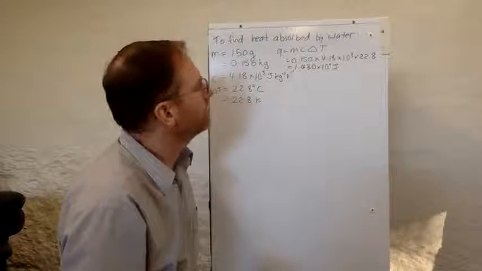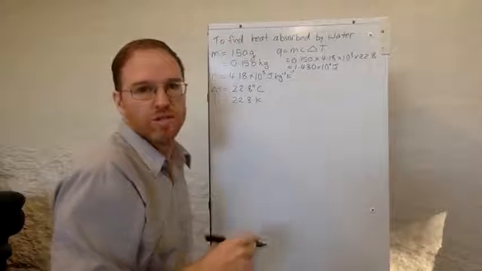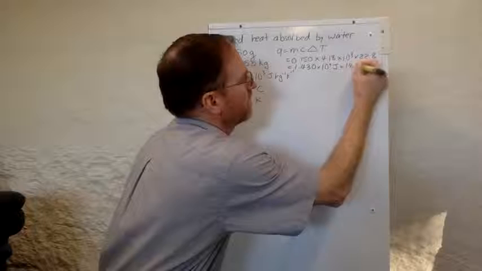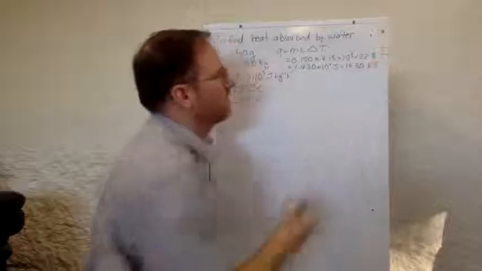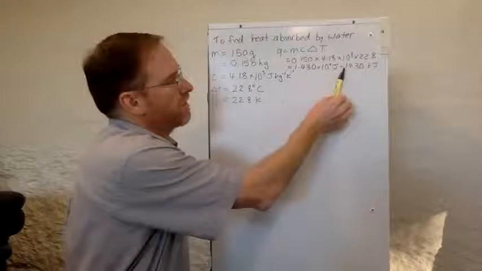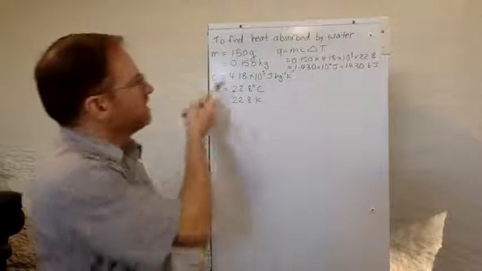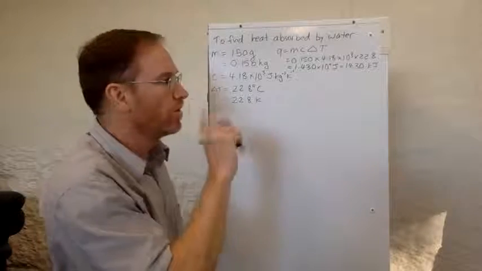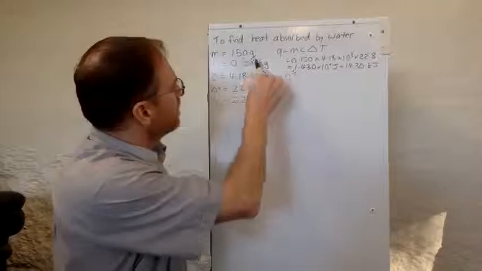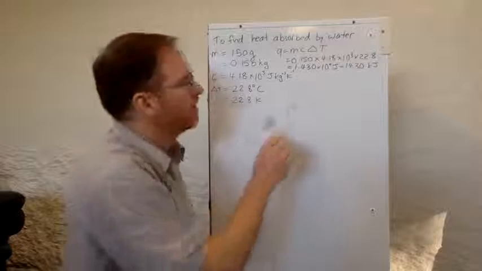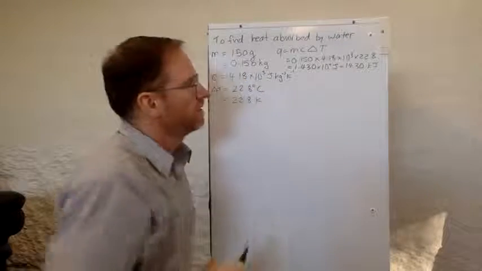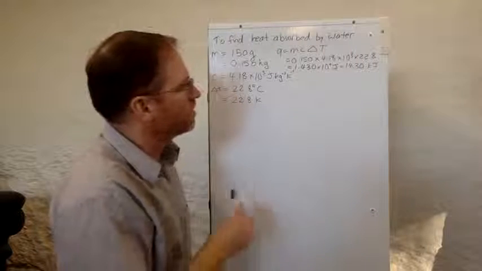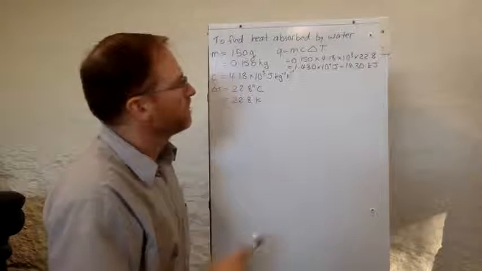And for enthalpy, we're always going to end up working in kilojoules, so I'm going to straight away convert that into kilojoules. 14.30 kilojoules. You'll notice that I've kept 4 significant figures in my working. My data has 3, 3, 3 significant figures, so 3 significant figures in my final answer, but in my working, I keep 4 significant figures until the final answer, when I'm going to drop it back to 3 significant figures.